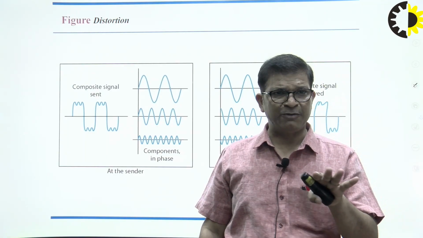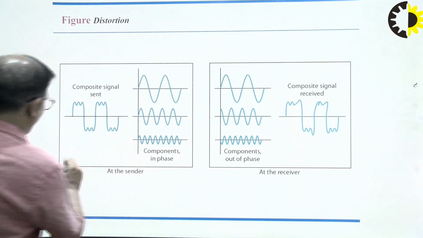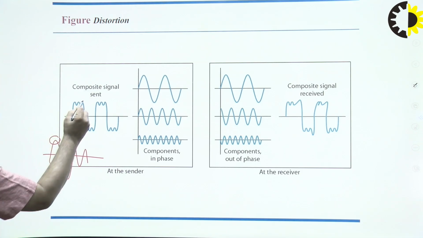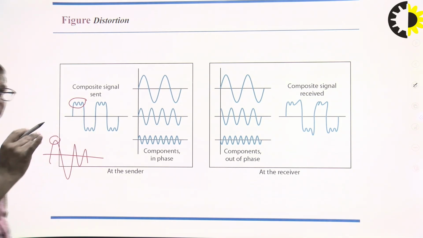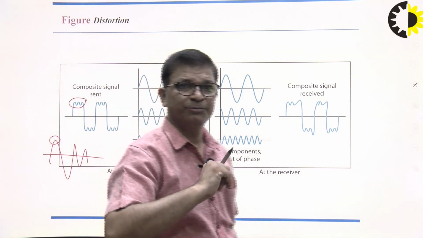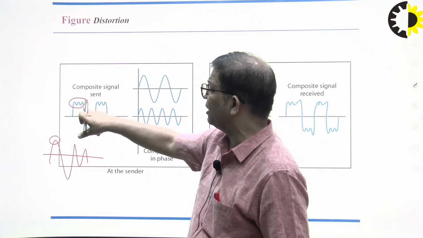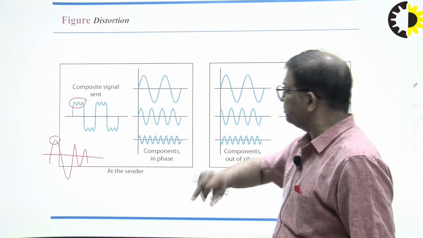A composite signal is a type of signal where, suppose this is a signal, and at this point another signal is already there. So this is a composite signal. It comprises two different signals. The high and lower node is there, but at the high and at the lower node, another type of signal is there. So it is a composite signal.